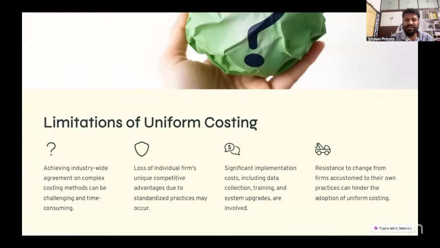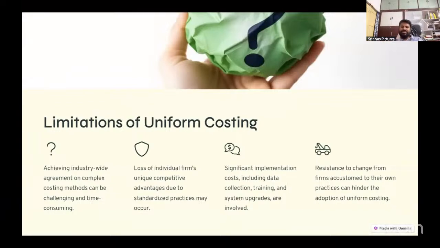Next is the loss of individual firms' unique competitive advantage, which may occur due to standardized practice.